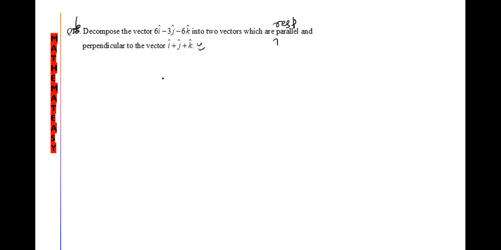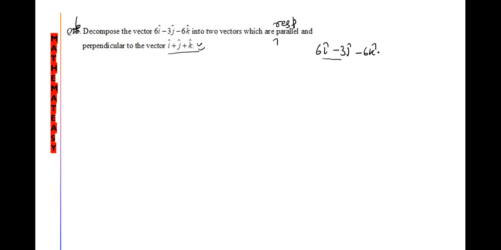So we are given 6i minus 3j minus 6k. Decompose this vector into two vectors, or you can say split it, or express this vector as the sum of two vectors, where one is parallel to this vector and the other one is perpendicular to this vector.